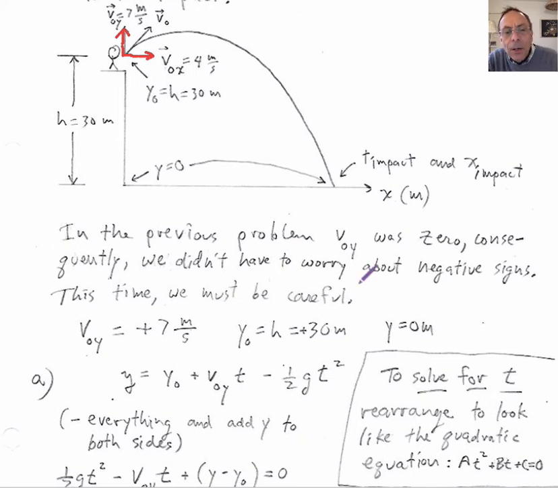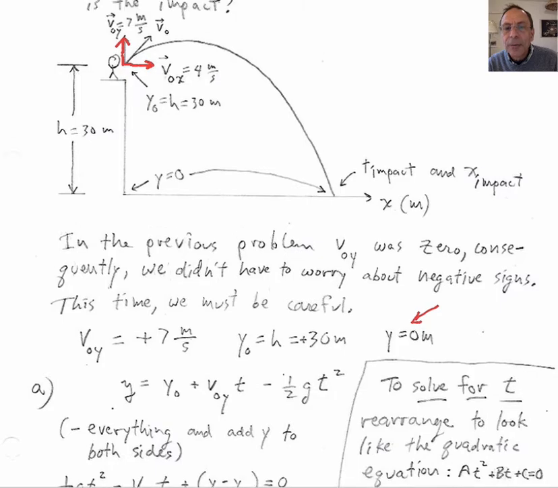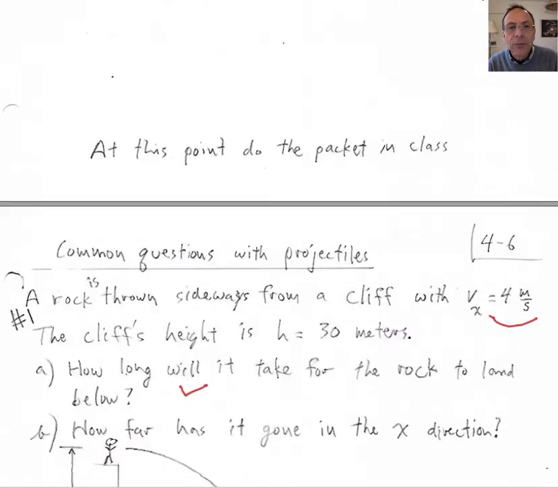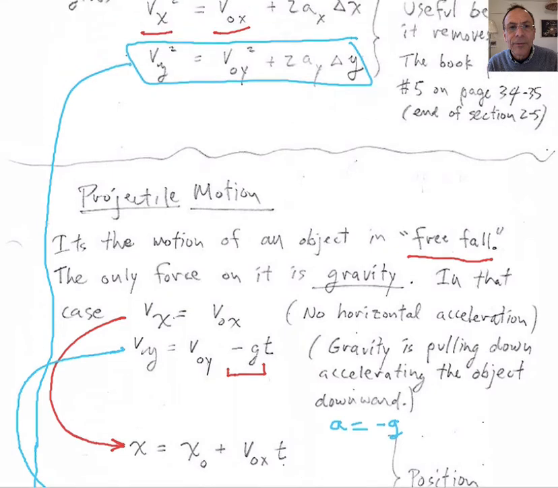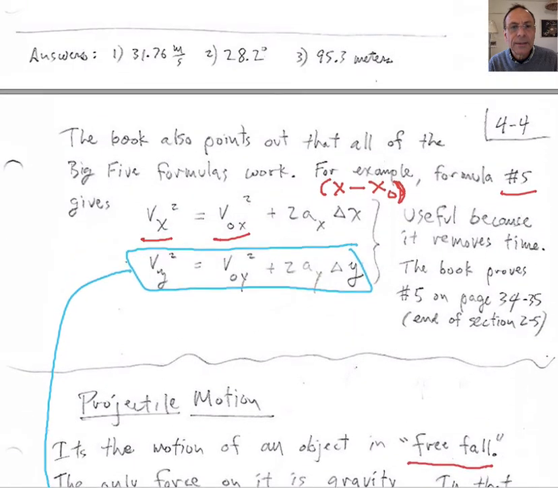And y is 0 meters when it hits the ground. So this is the end of the experiment. We get y equals 0 meters when t equals t impact. So if we go back to the formula that we had gotten before, let's just scroll back and find it.